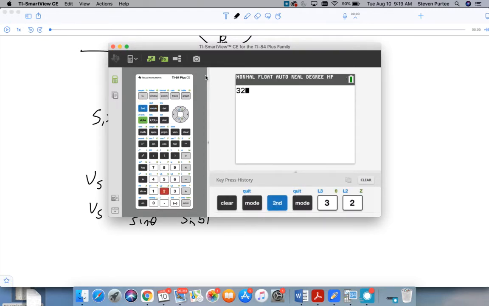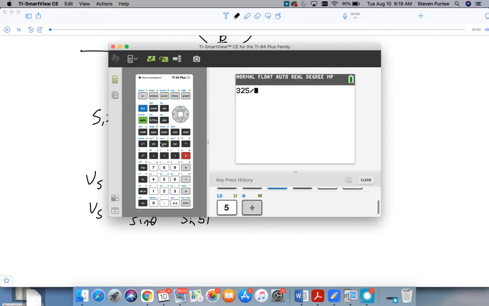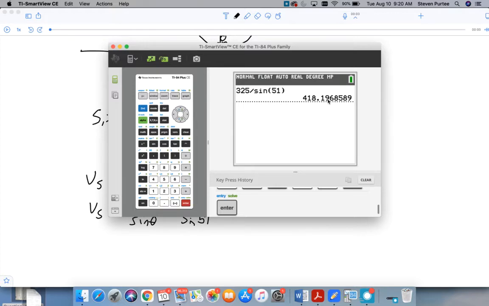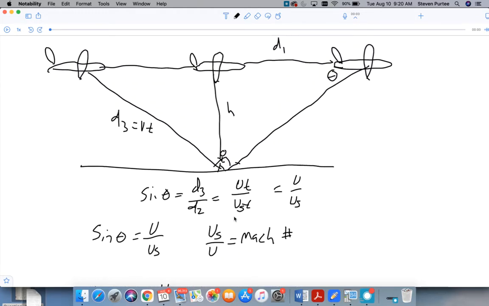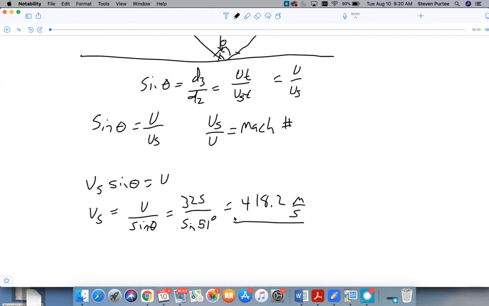So 325 divided by sine of 51: 418.2 meters per second. So that's an important number here. We're going to need that in a minute. That is the speed of the plane.